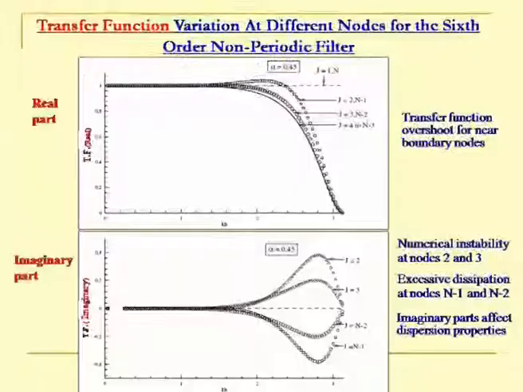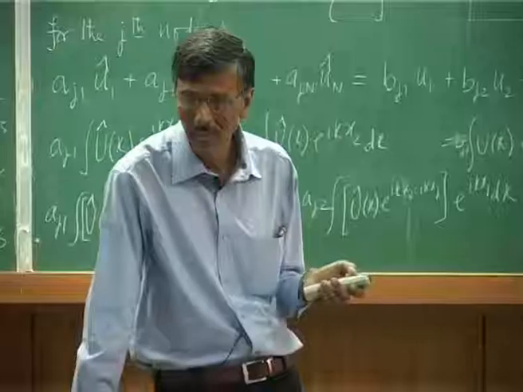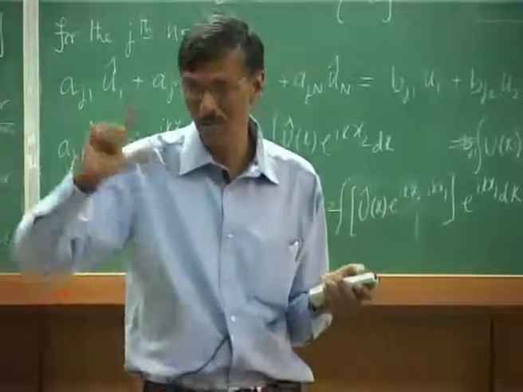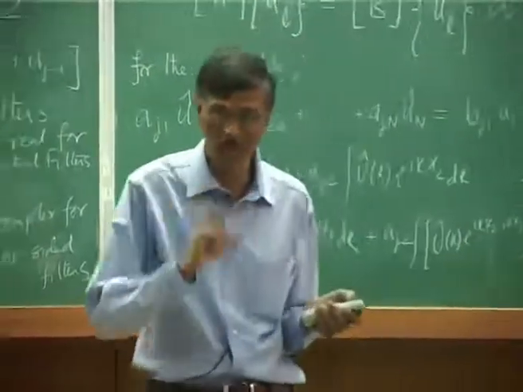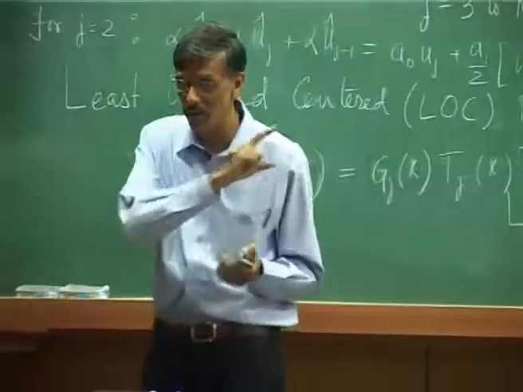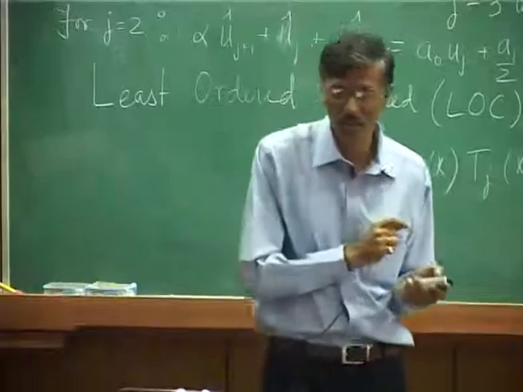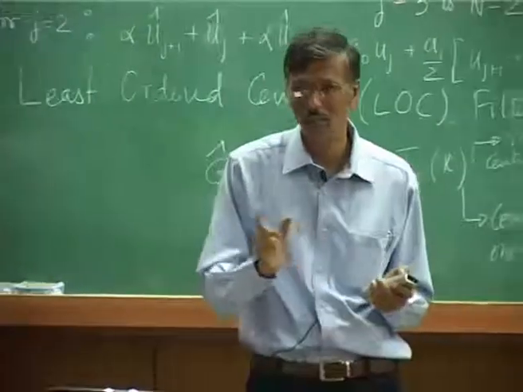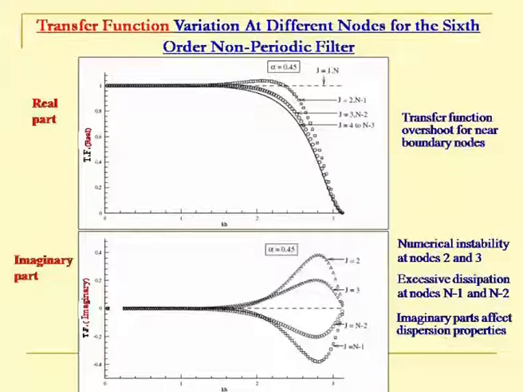So, what we are noticing is that if we do filtering at every time step, then at j equal to 2 and j equal to n minus 1, this filter can actually amplify. So, if your original intention is to make an unstable method stable, you are noticing that at j equal to 2 and j equal to n minus 1, you are not getting that. So, got to remember that, and the imaginary part of course will tell you what is happening.